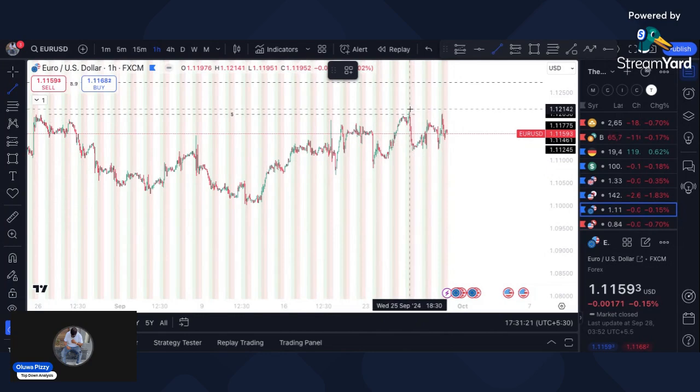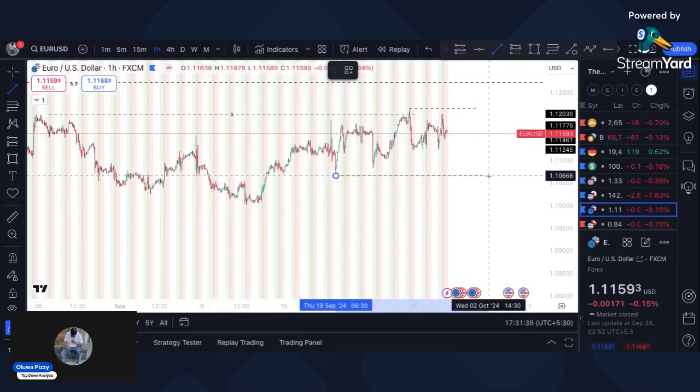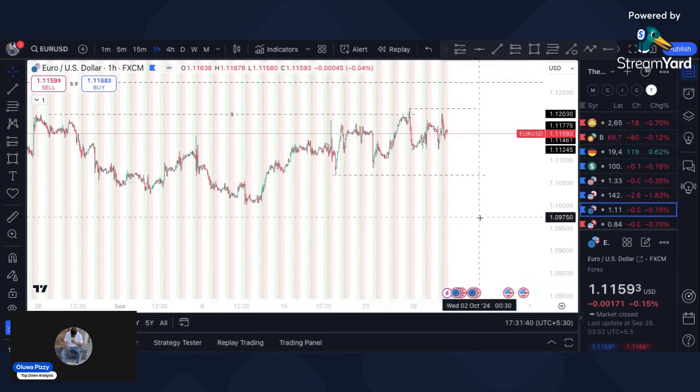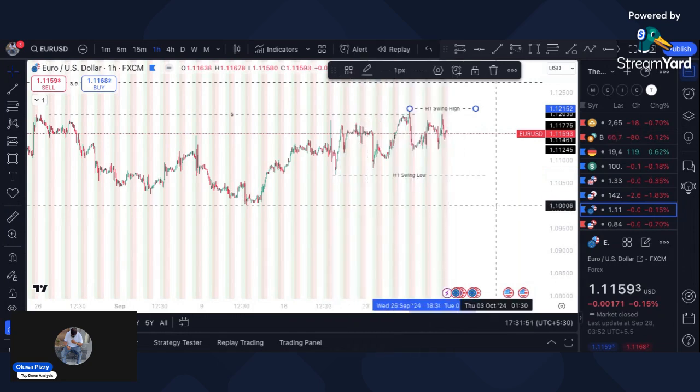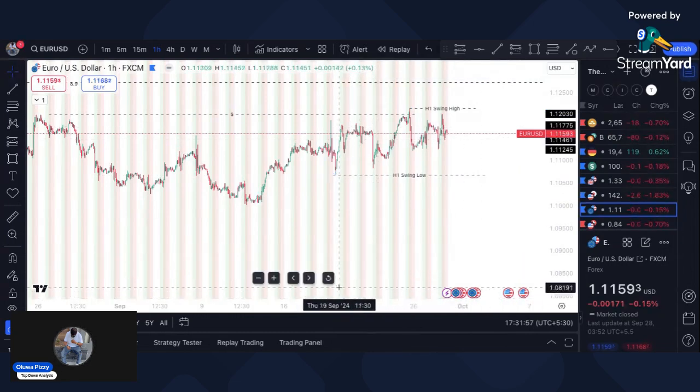This is our recent high on 1 hour. And this is our recent low. You guys are following? Now our 1 hour is still on an uptrend.